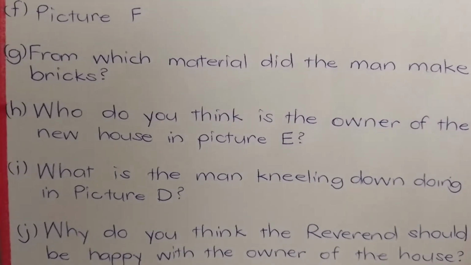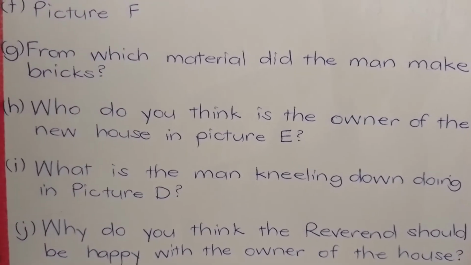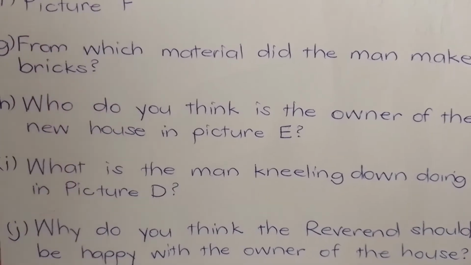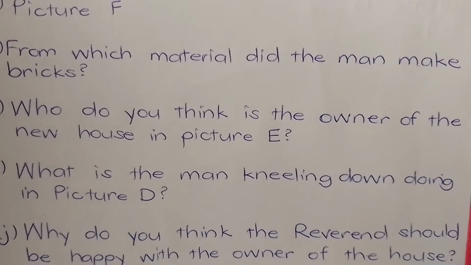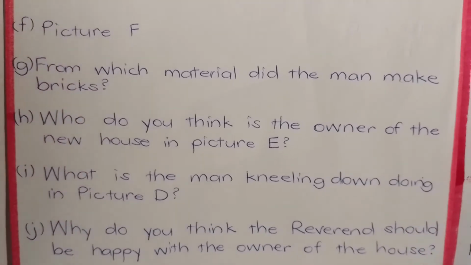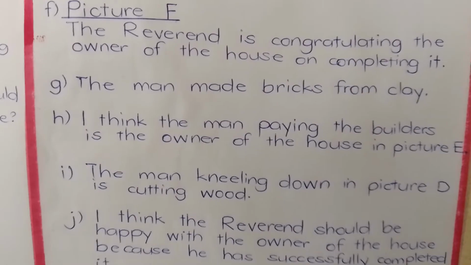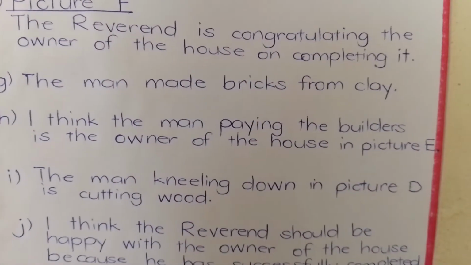You are the one answering the question. So you begin your answer with I. And the word think is a key word in this particular question. It must be reflected back in your answer. So your answer begins with I think. So we have come up with the answer as, I think the man paying the builders is the owner of the house in picture E.